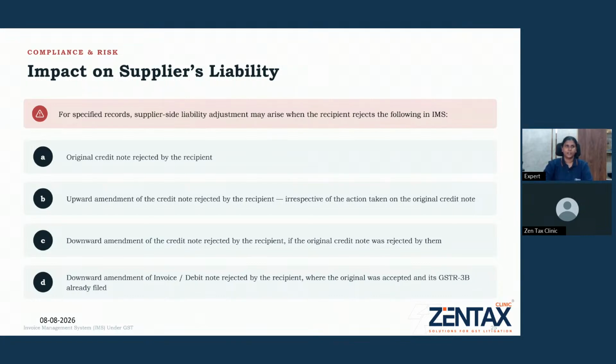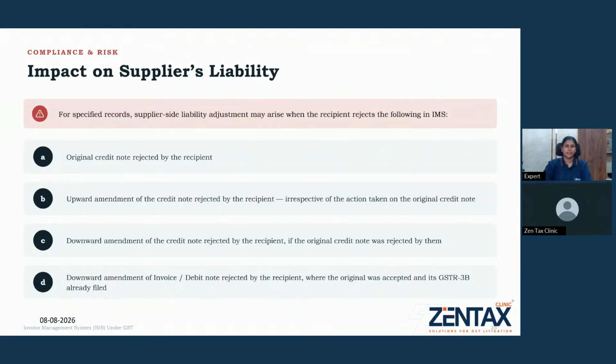One is an original credit note rejected by the recipient. Next is an upward amendment of the credit note rejected by the recipient, irrespective of the action taken on the original credit note. Next is a downward amendment of the credit note rejected by the recipient if the original credit note was rejected by them.